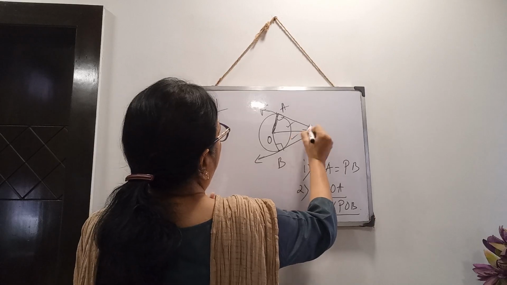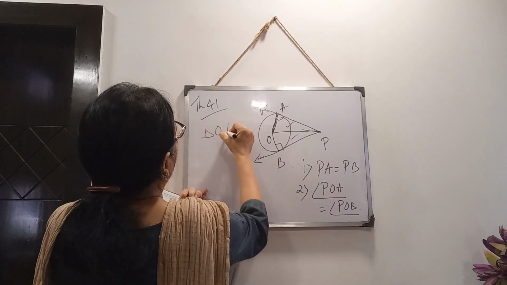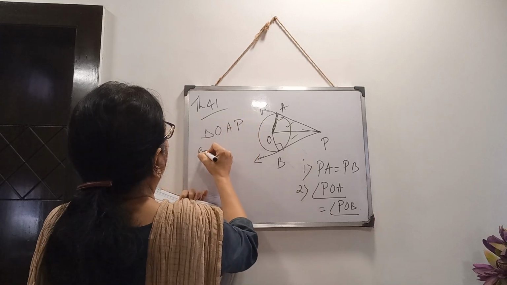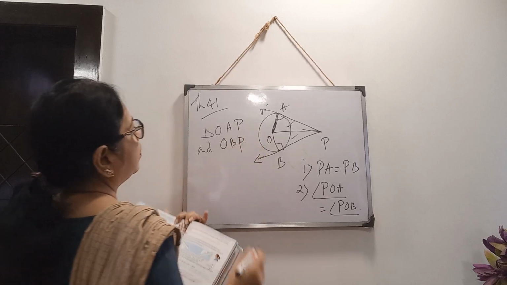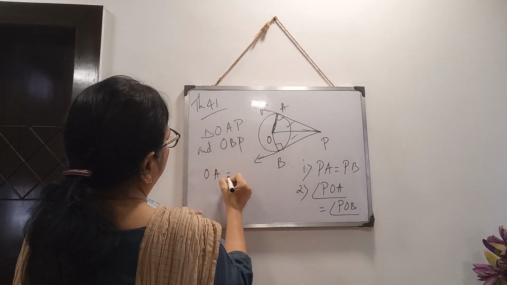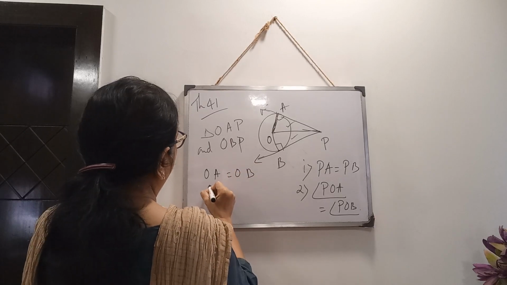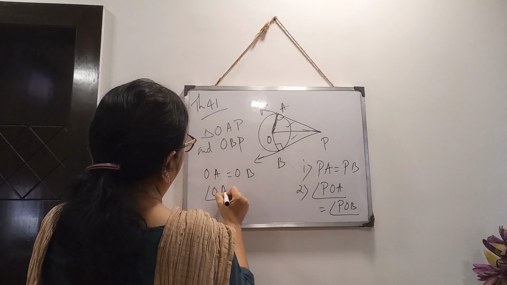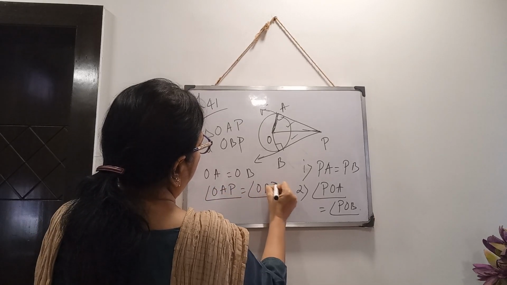Triangle OAP and OBP. In triangles OAP and OBP, what are we getting? OA equals OB, both are radii, and angle OAP equals angle OBP, 90 degrees.